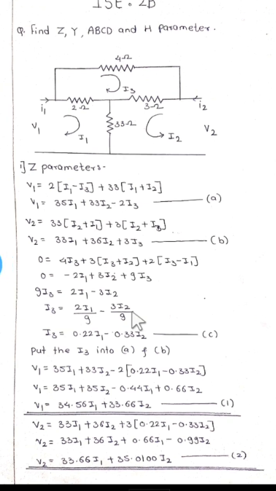Similarly, we put I3 in equation B, that is V2 is equal to 33 I1 plus 36 I2 plus 3 times I3. We put the I3 value, and by simplifying this we get the equation for V2, that is V2 is equal to 33.66 I1 plus 35.01 I2. We consider this equation number 2.